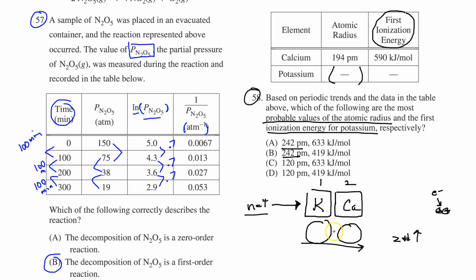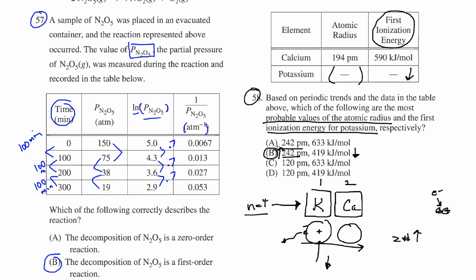Okay, so I'd expect the first ionization energy of a bigger atom to be less. These electrons are farther away from the nucleus than the calcium, so therefore it's easier to remove that electron, and therefore I expect a lower value for ionization energy because its radius is bigger, and that's why 58 is B.